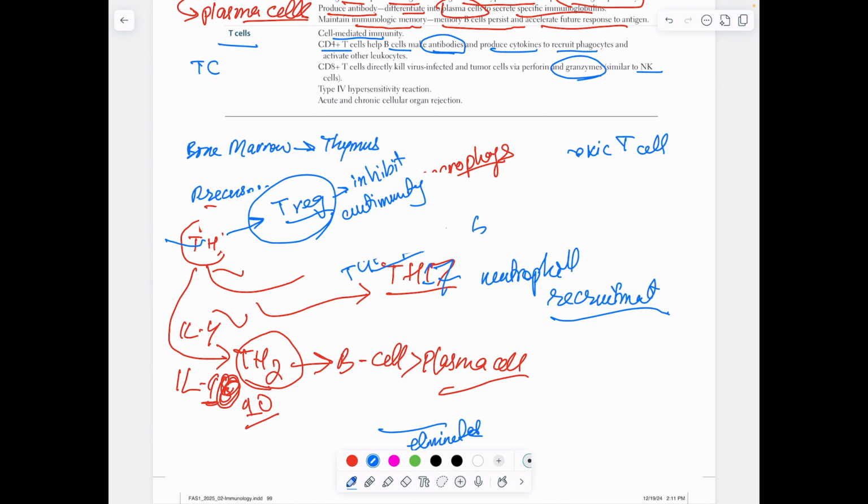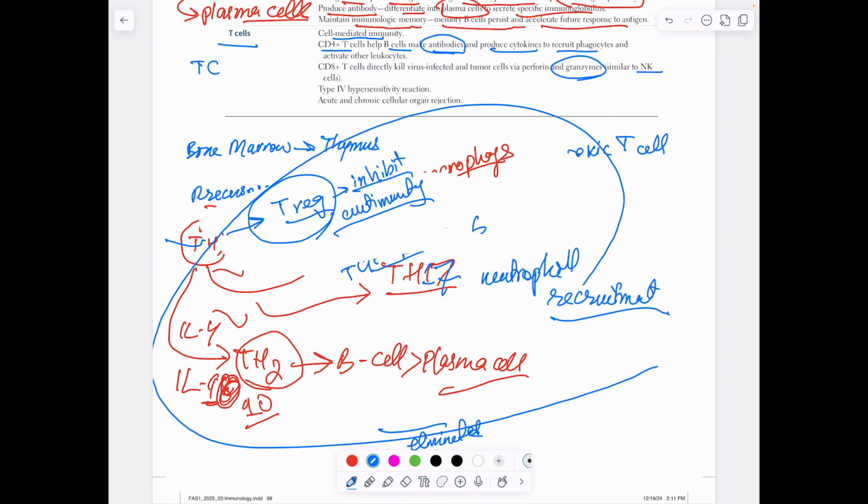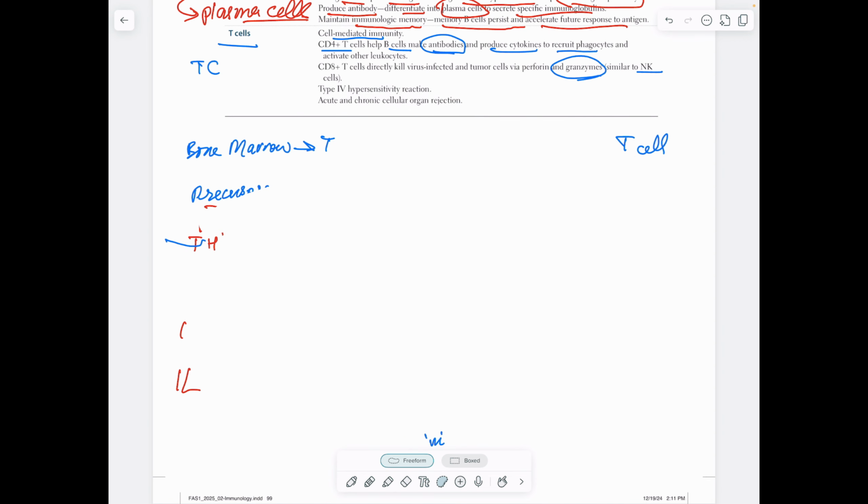It checks whether anybody is doing an autoimmune reaction or not, and it inhibits all autoimmune reactions and protects our own body from our own immune system. And that is the simple description of the immune system and how the differentiation of T cells happens.